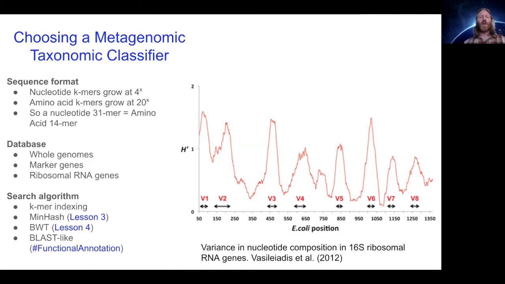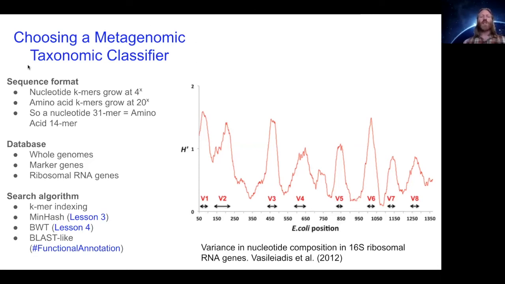So that's again why these taxonomic classifiers use as many Kmers as they can use, and they also have this lowest common ancestor algorithm to identify taxonomic specificity at different levels.